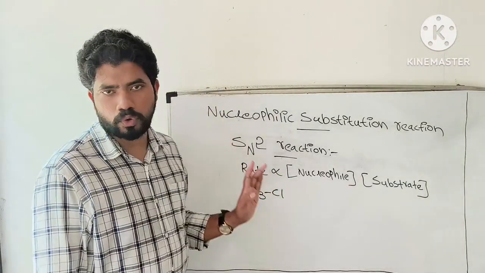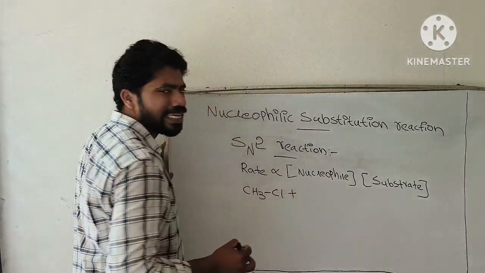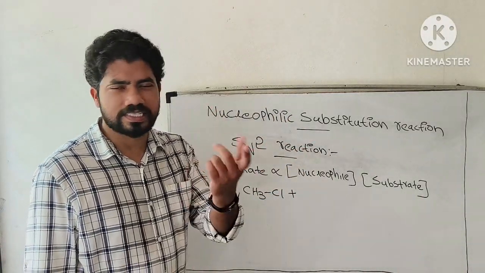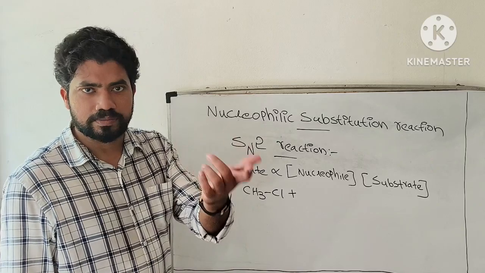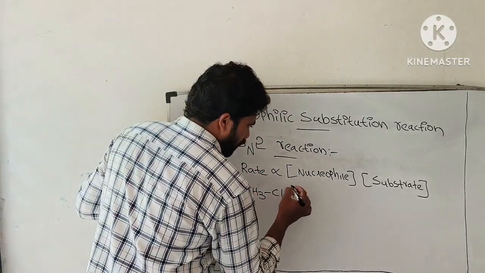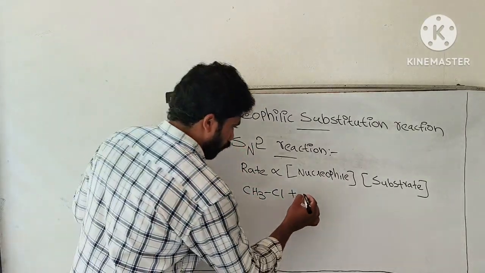Methyl chloride or chloromethane. When chloromethane is reacted with NaOH or KOH, they are bases, they will provide OH minus ions. Okay, the OH minus ion is a very good nucleophile. So when we react it with NaOH or KOH, they will give the OH minus ion.